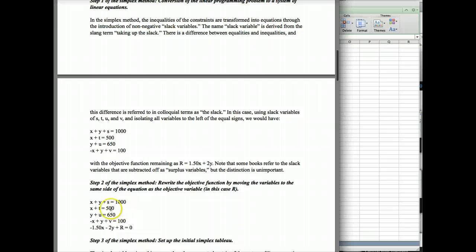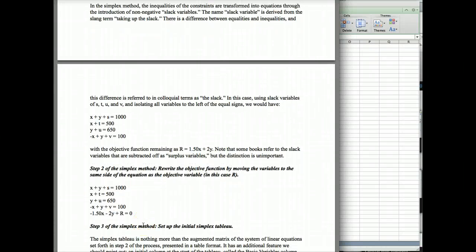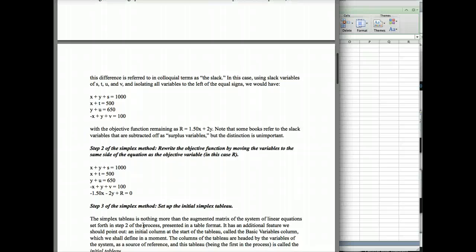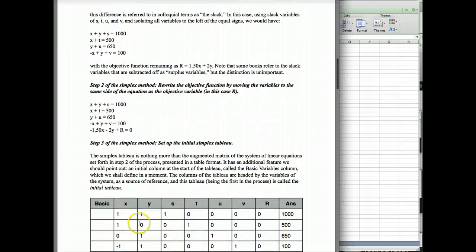And so what we really have here is our entire system of equations. X plus y plus a slack variable all the way down to the revenue function, which was solved for 0. So we have numbers on the right of all of our equations. The next thing we're going to do is set up the initial tableau, which is like setting up a matrix.